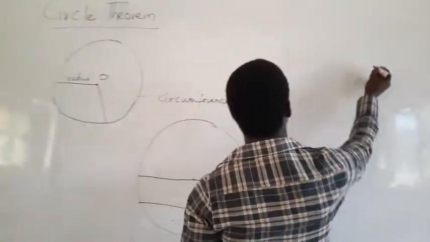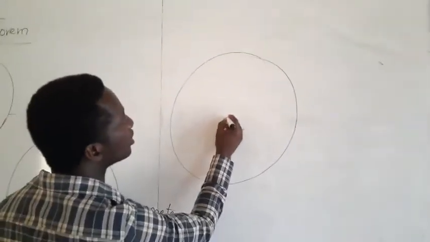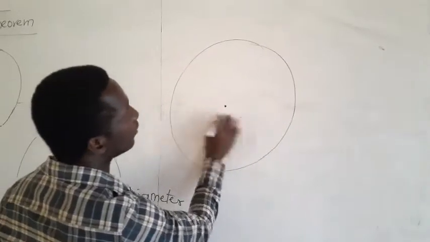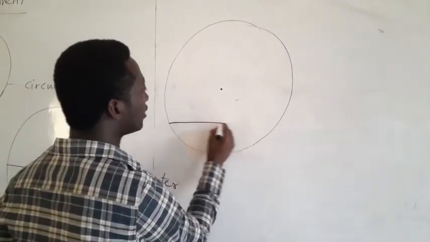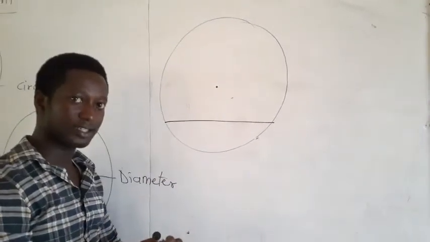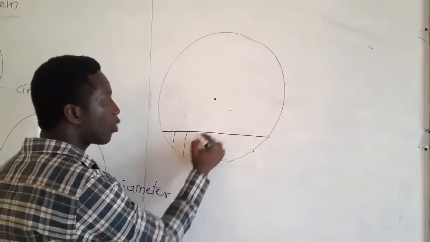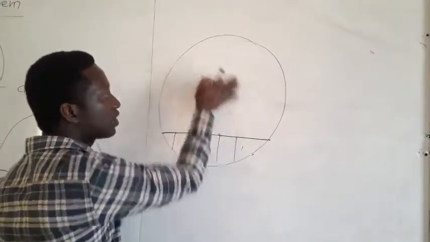So if I draw a circle, this is my center. Assuming this is my center, and then I draw a line here. In fact, this line is dividing the circle into 2 parts, but not equal parts.